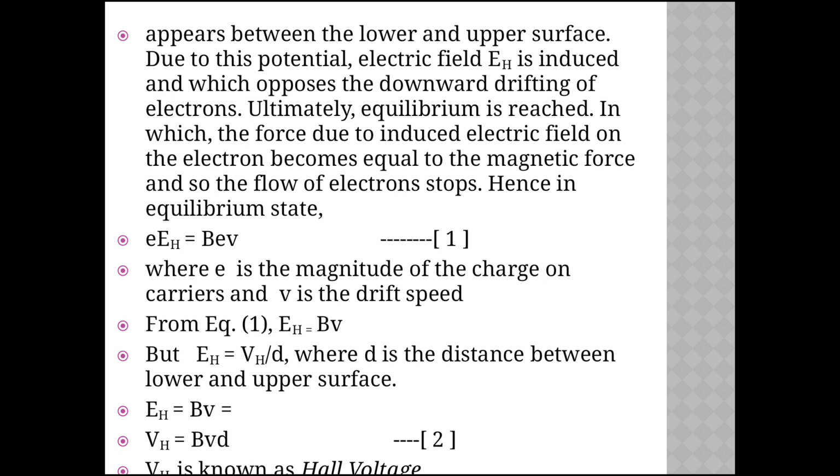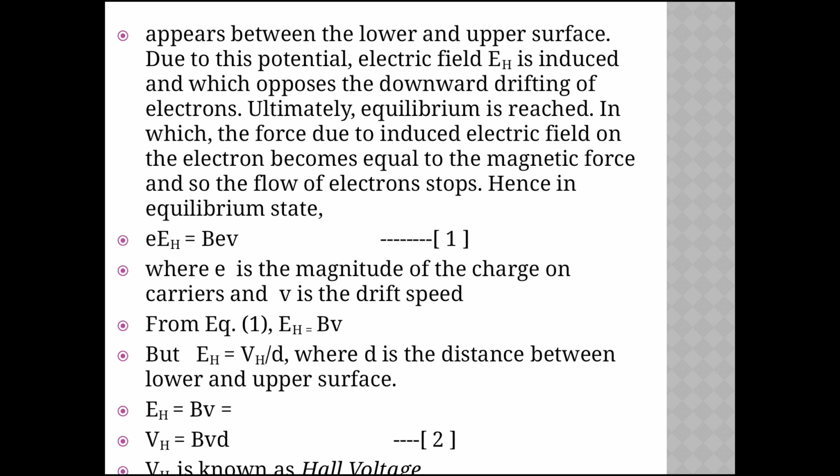The potential appears between the lower and upper surface. Due to this potential, an electric field EH is induced, which opposes the downward drifting of electrons. Ultimately, equilibrium is reached, in which the force due to the induced electric field on the electrons becomes equal to the magnetic force, and so the flow of electrons stops.